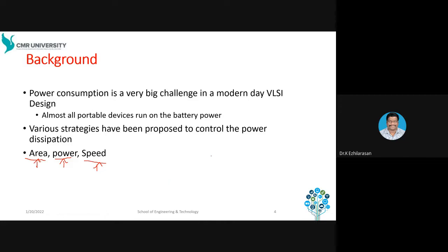Area means the size of the device should be small. Power consumption should be less. Speed should be high, or I can say the delay should be very less. When designing a circuit we need to keep these three factors in mind, but the problem is that you cannot satisfy all three.